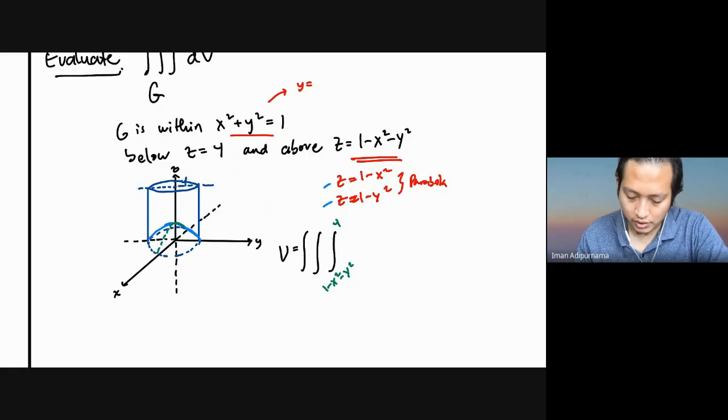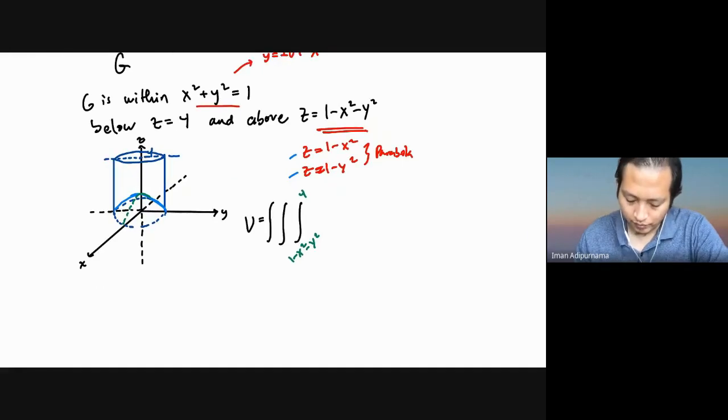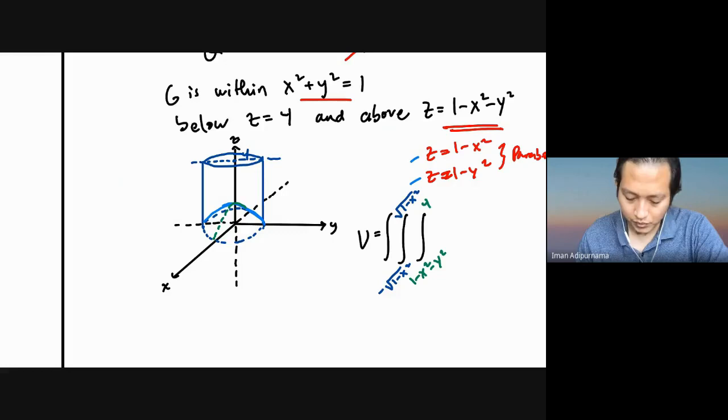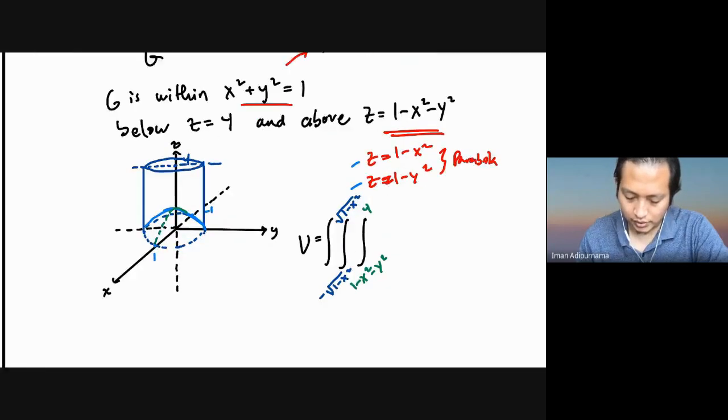That's our z. And then our y, we can start from here. The y is plus minus, right? And we can write y from minus 1 until positive 1. And then the rest is the x. The x is from negative 1 until 1, because the radius is only 1.